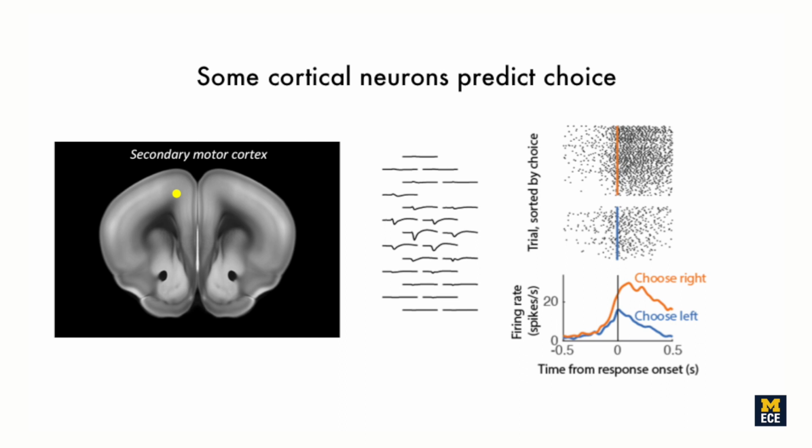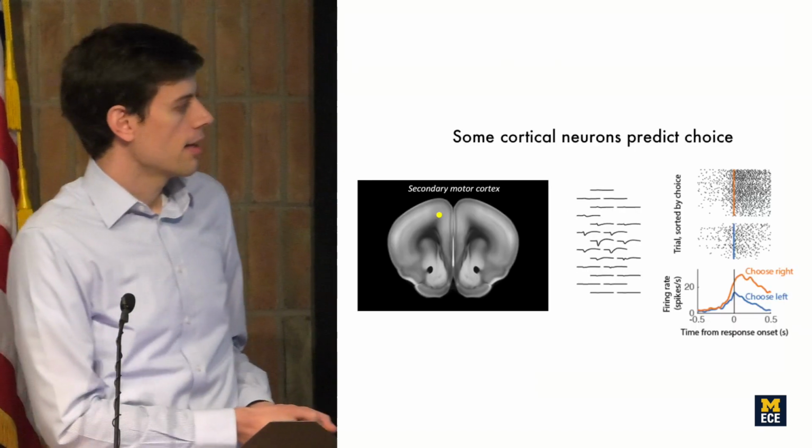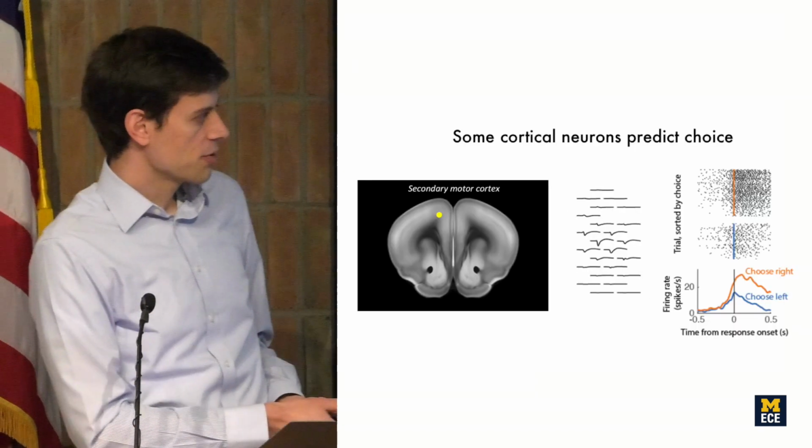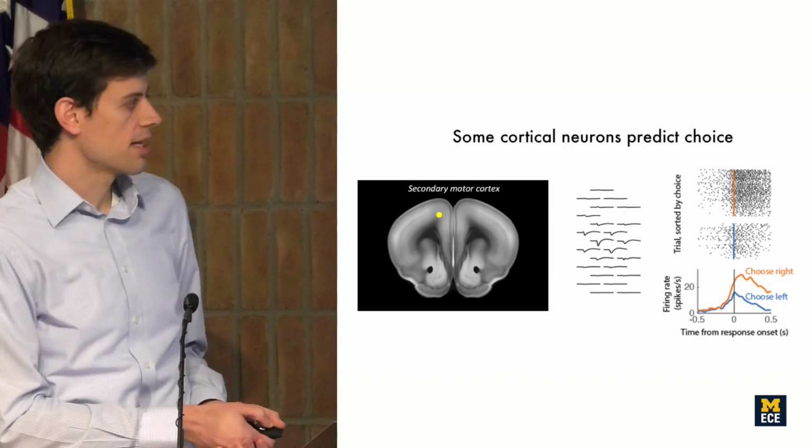So the key aspect of this task, though, is the choice, right? The mouse sees a stimulus, he's got to make a decision about it. So where do we find neurons that can predict the choice? So here's a neuron from secondary motor cortex, which ramps up its activity prior to movement onset. So this is time 0, just like in the last plot, movement onset. And it ramps up a little faster into a higher level for rightward choice trials than leftward choice trials.